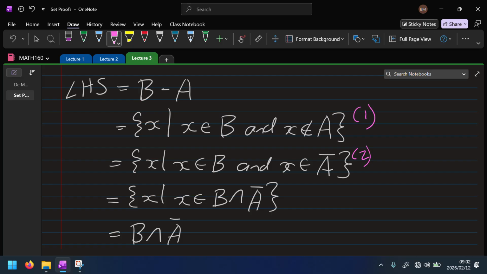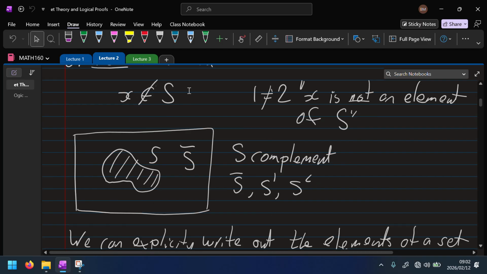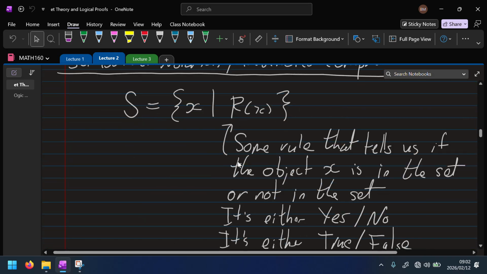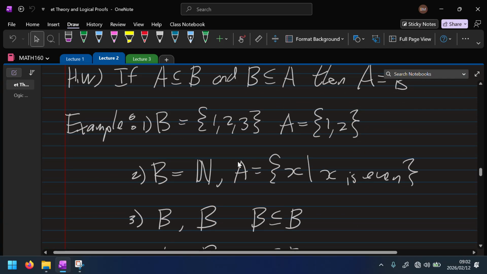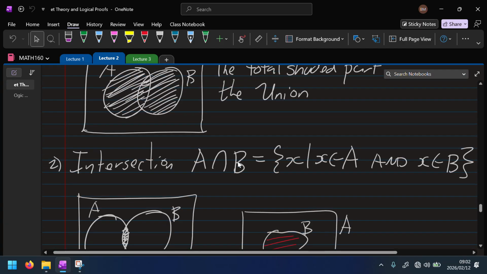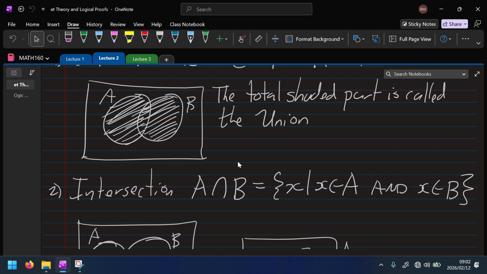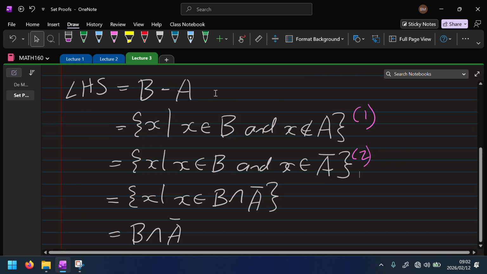And then finally, X is an element of B and X is an element of A complement. We go back to lecture 2. That is the definition here for the intersection. X element of A and X element of B, that's the intersection. So that's number 3 that we used.